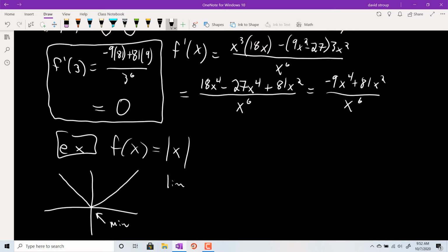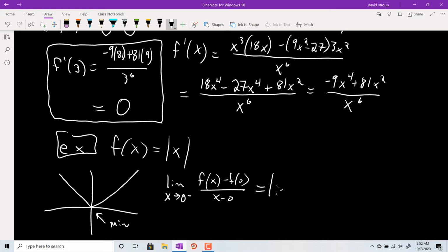If you don't believe me, we're going to look at the two different directional derivatives here. The limit as x comes in from the left, using the alternate version of the definition of the derivative, f of x minus f of 0 all over x minus 0.